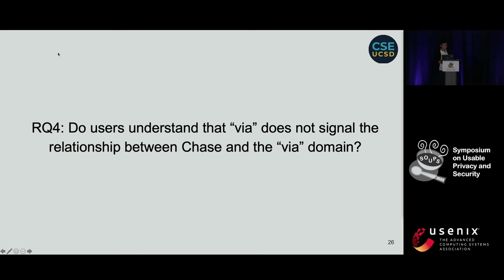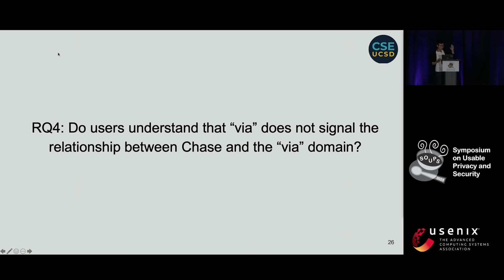Since the majority of the users did realize that there's a third party involved, we follow up with this question: do users understand that VIA does not signal the relationship between Chase and the third party? The VIA indicator is there to say, hey, the email is claiming to be from Chase, but the actual server is this third party domain.